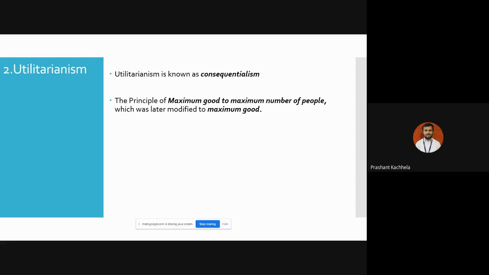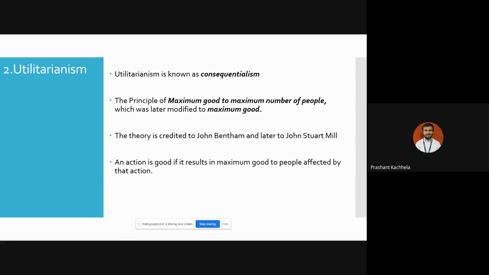Then you can choose. So that's the main message. It was provided by John Bentham, and later on, John Stuart Mill also provided the extended version of this theory, where it is saying that an action is good if it results in maximum good to people affected by the action. So that's the main thing.